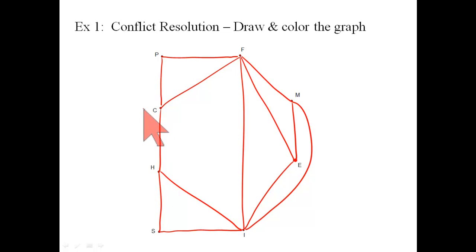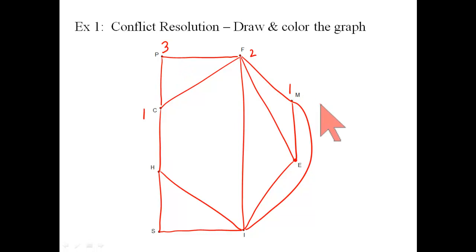If I start here at chemistry, for example, that could be color 1. French needs to be a different color. Philosophy needs to be still a different color, so already I see that at least 3 colors will be needed. Then I could come over here to math.